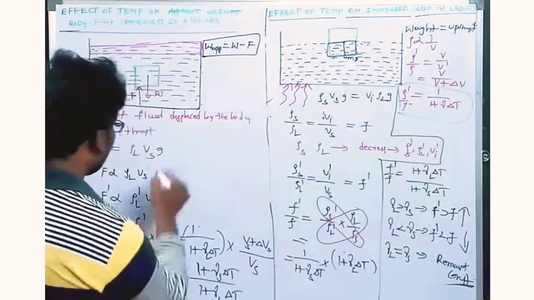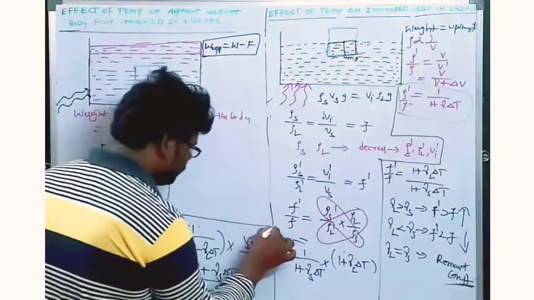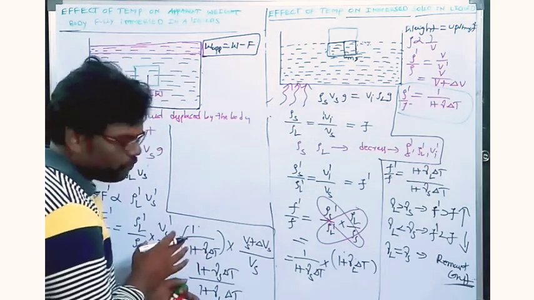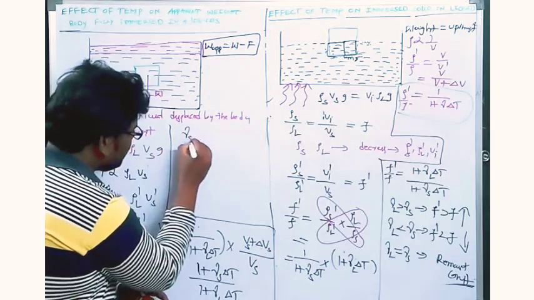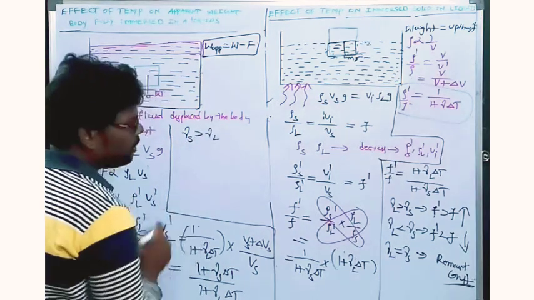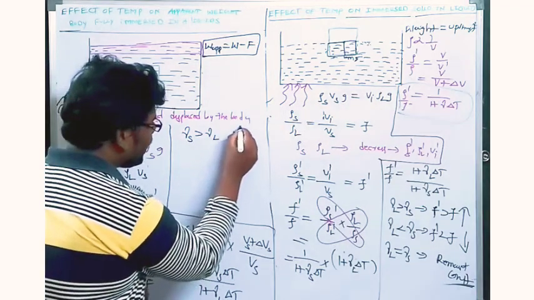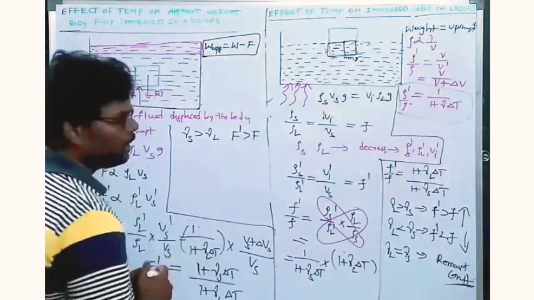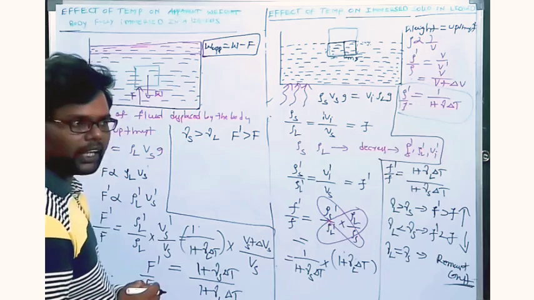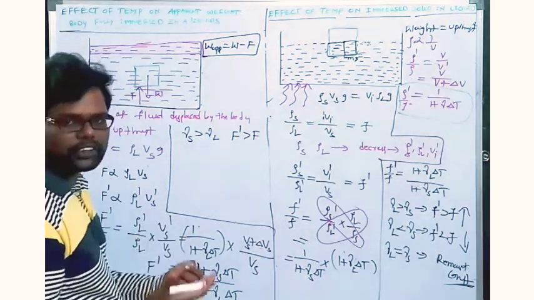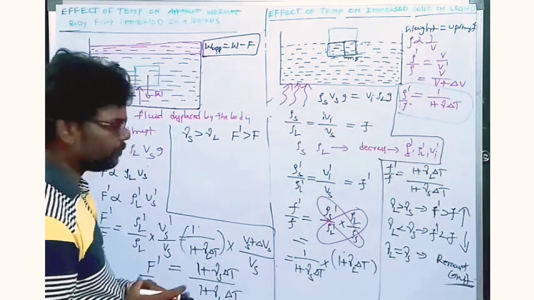So based on this we can write that if gamma S is greater than gamma L, then F dash is greater than F. So the buoyancy force is more than the initial buoyancy force, right?